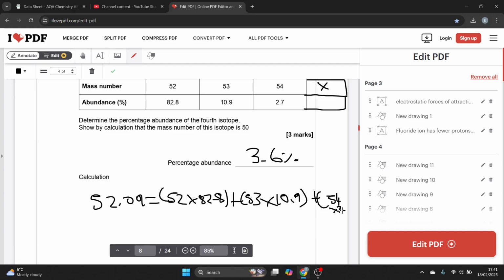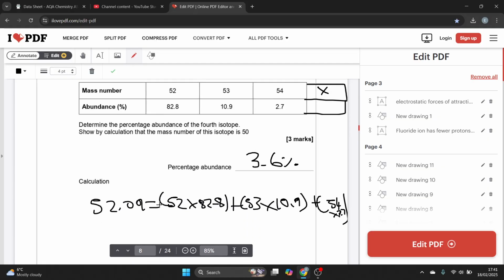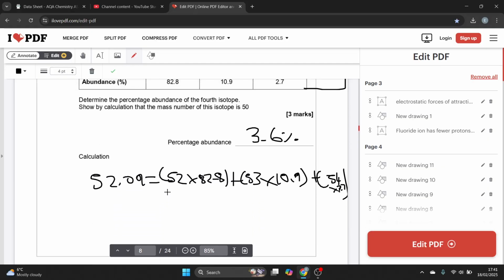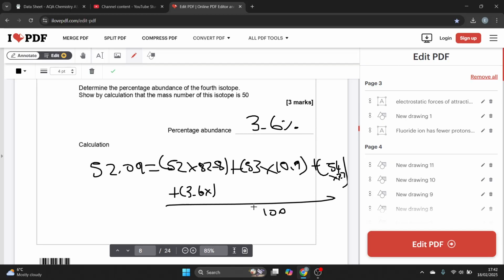It's a bit more difficult in questions of relative atomic mass, well, percentage abundance, where you've got algebra, like 2x or something else minus x. So plus 3.6x over 100. That goes there, so you get 5209.